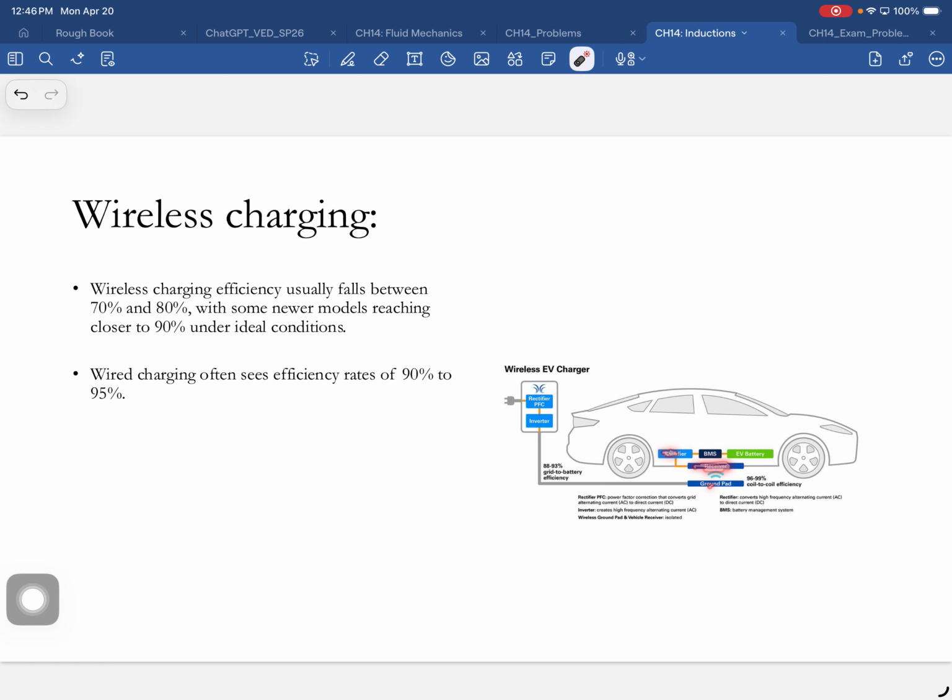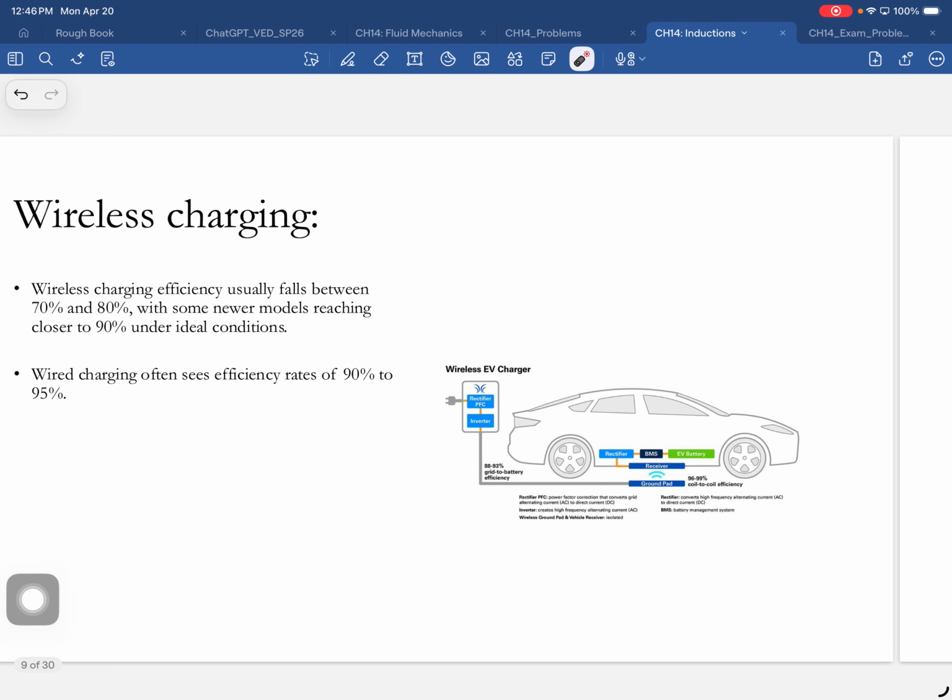This is an AC voltage that gets rectified, and then the DC voltage is sent to the battery to charge it. Wireless charging efficiency is about 80%, with newer models reaching closer to 90%. Wired charging often sees efficiency of 90 to 95%. So you lose about 5% efficiency, but I guess for the convenience, you're willing to sacrifice that.